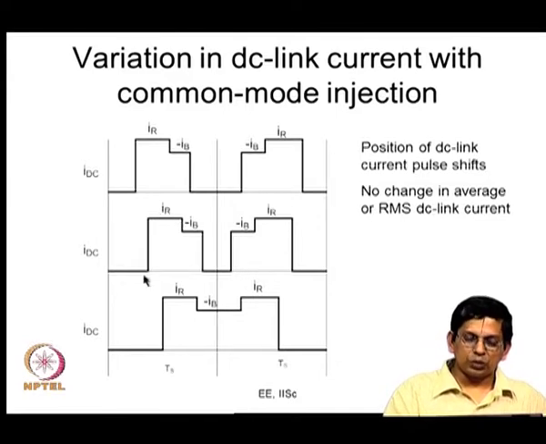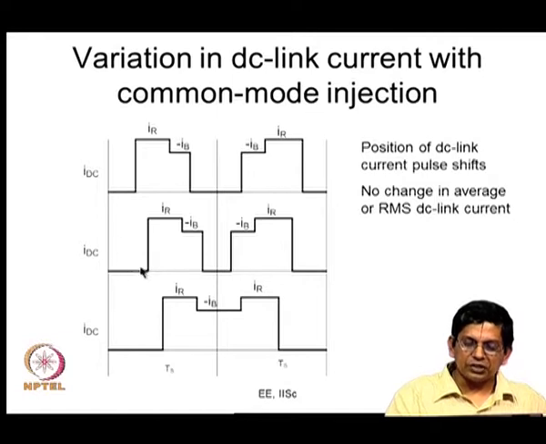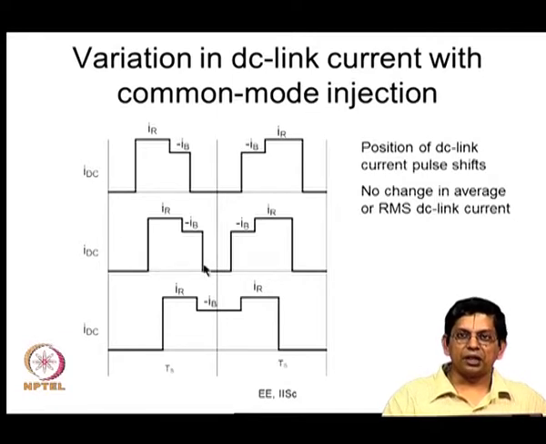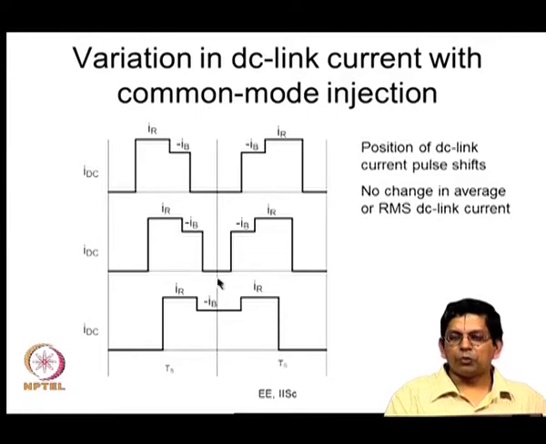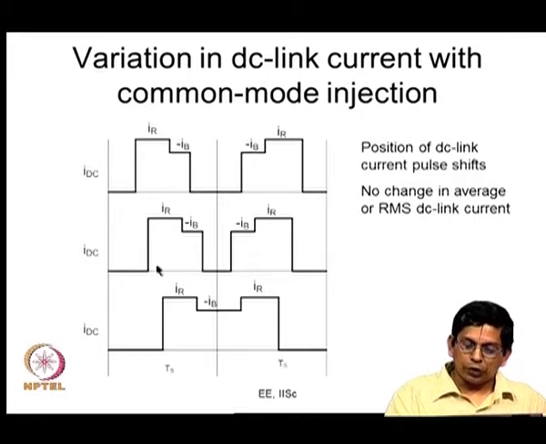So, when you do this in such a fashion that T0 has been increased and T7 has been decreased, you get the same kind of waveform for the pulse, except that this is just shifted a little. This is when T0 increases at the expense of T7. Now, on the other hand, if T7 increases at the expense of T0, you will find this whole thing shifting to the left.